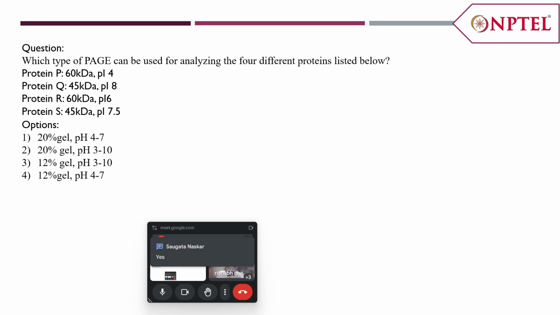So this question is also analysis based. So we have four proteins P, Q, R, S having molecular weight 60 and 45 kilodaltons and different pI values. Okay, so what kind of PAGE gel can we use to separate all the proteins?